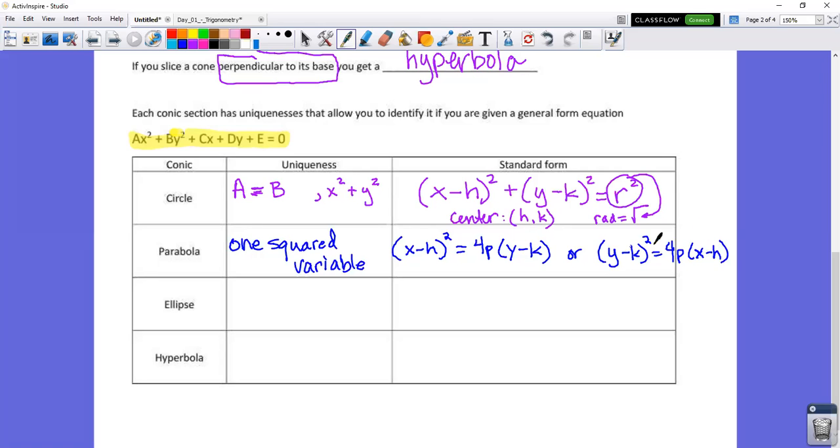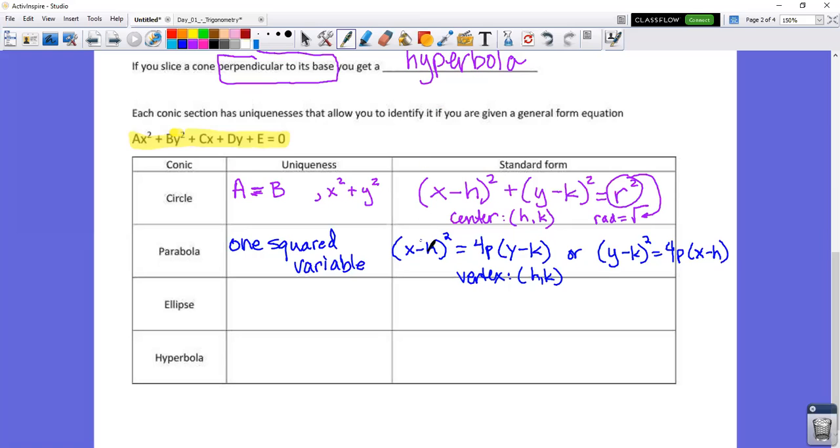But notice the center is still h, k, or the vertex in this case. All parabolas have a vertex. The x coordinate still comes from the x parenthesis, and the y coordinate still comes from the y parenthesis, regardless of which one is being squared.